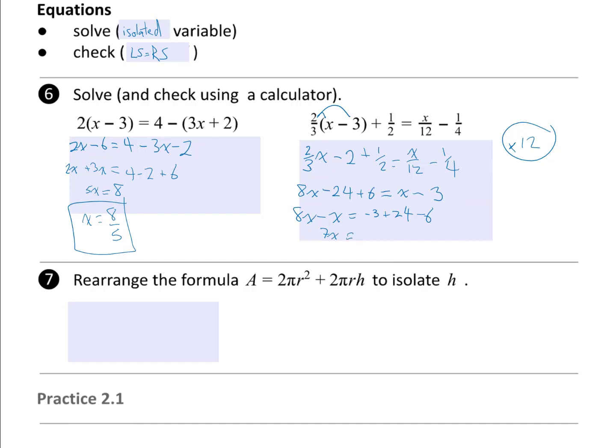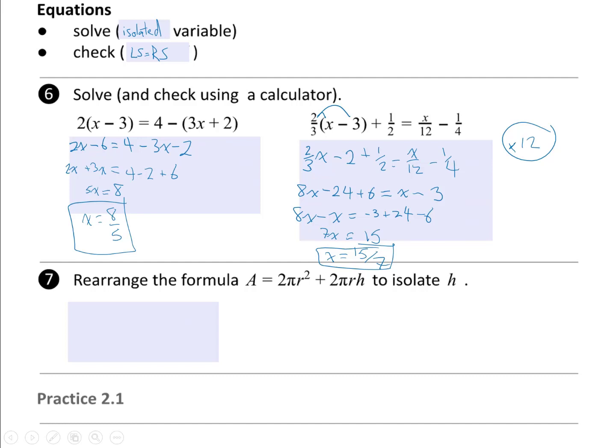And on the right side, I have 15. So x equals 15 over 7. And that's my final answer for that. Now, this question doesn't say to check. It's just solve, so you don't have to check it. I would recommend checking it anyway, just to practice that using your calculator.